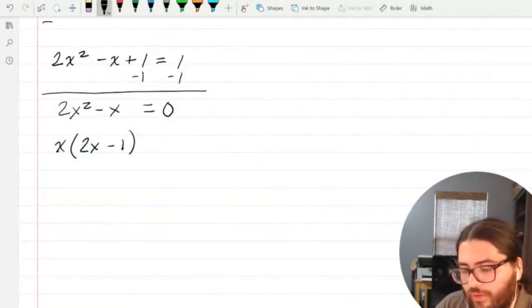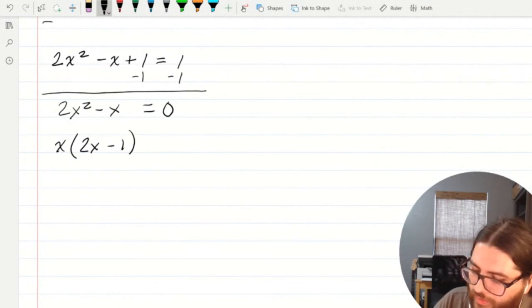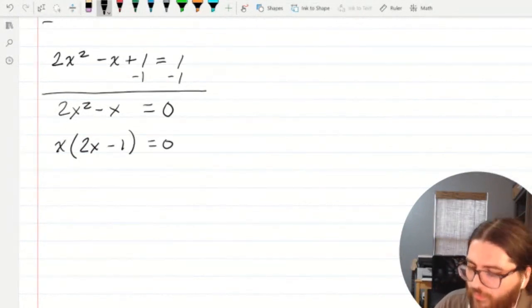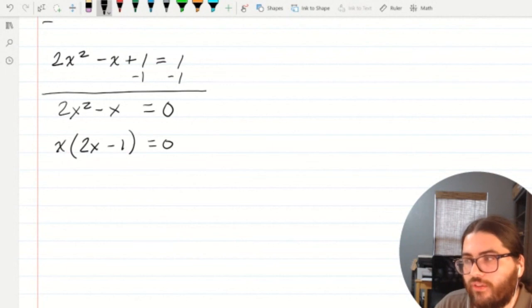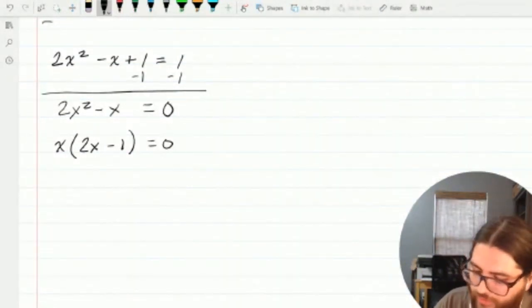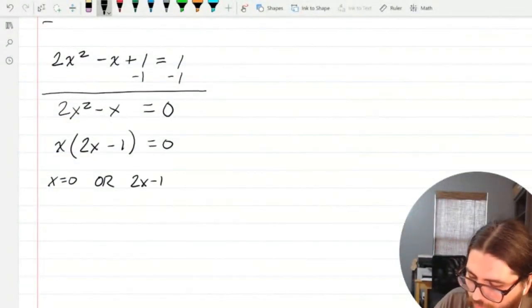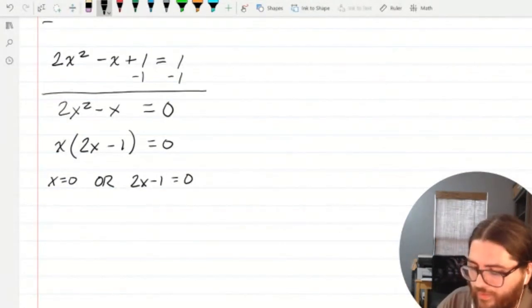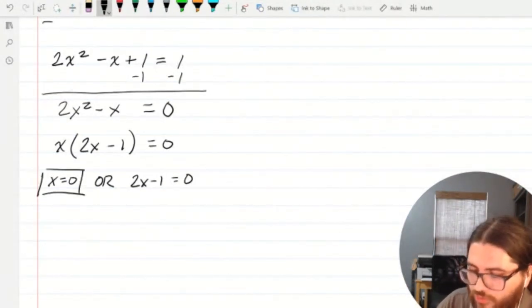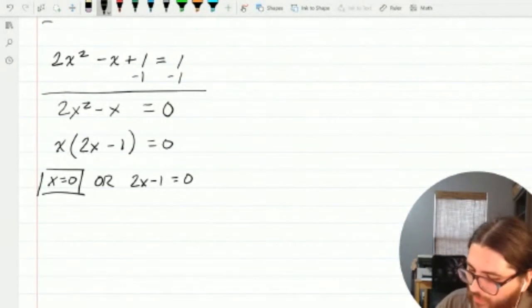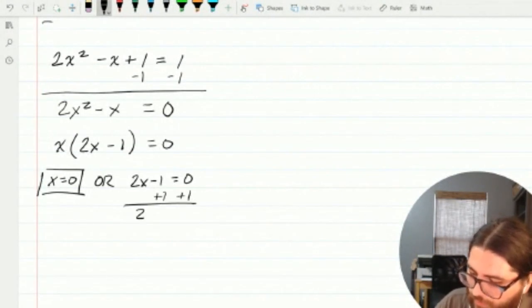X times 2x is 2x squared. X times negative 1 is negative x. Now using the zero product property tells me that one of these things had to be 0. X equals 0 is one of the solutions right away. Plus 1 plus 1.